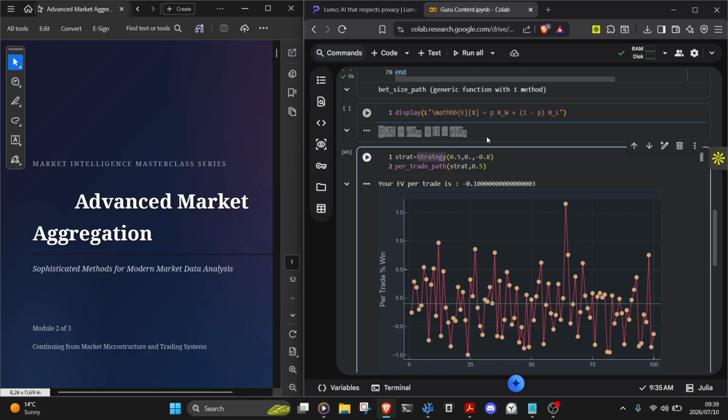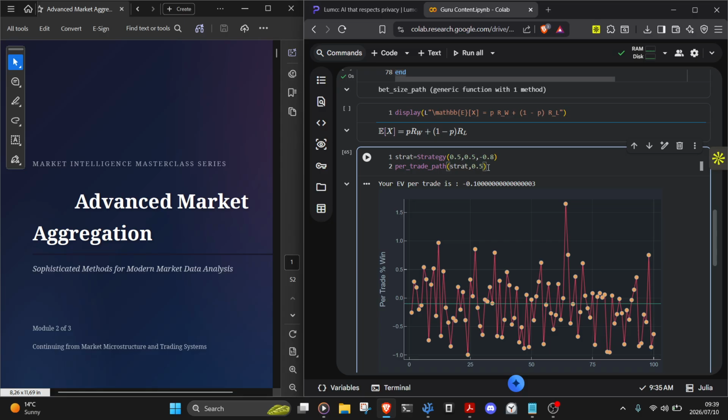And essentially, let's say you have a strategy with a 50% probability of winning, right? And your average winning trade return is 50%, and your average losing trade return is 80%. And assuming a normal distribution, of course, your volatility is 0.5.